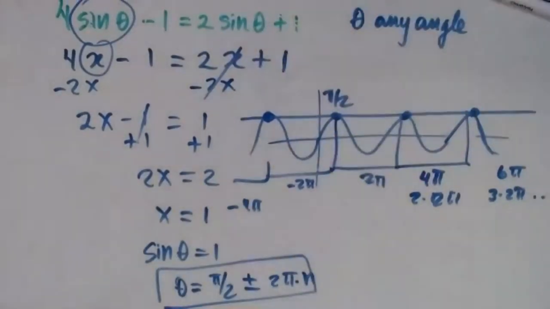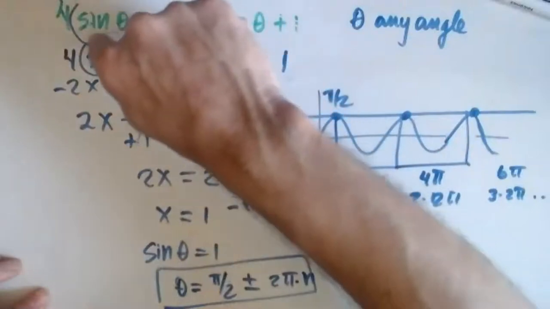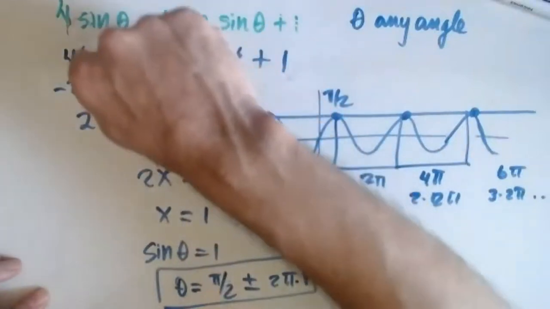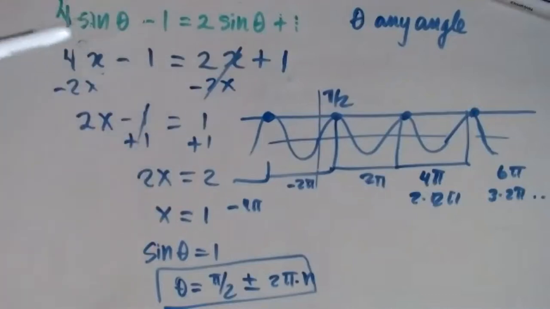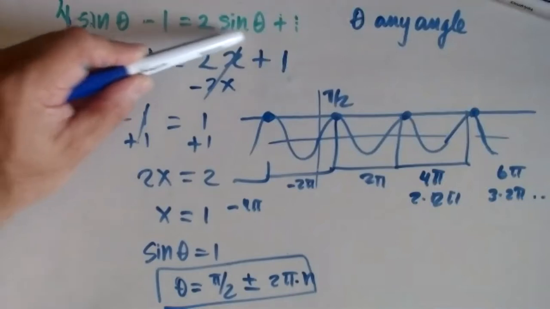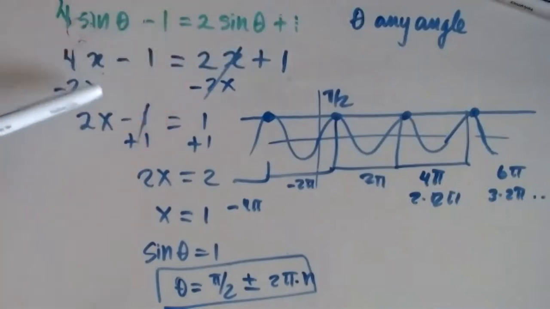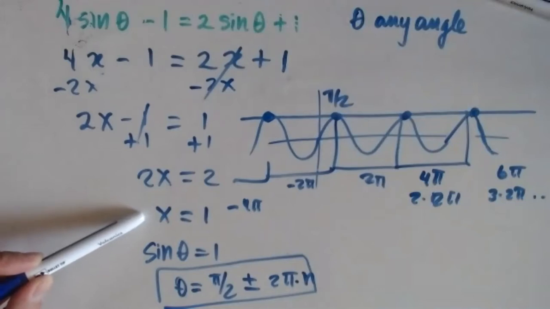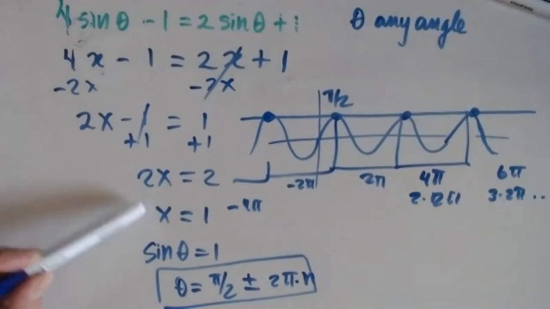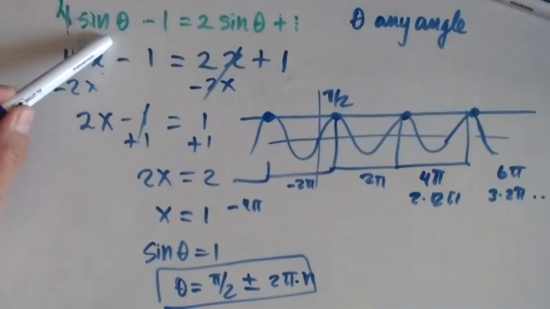So again, let me just summarize this one. You receive an equation with sines and cosines, like 4 times this minus 1 equals 2 times the same thing plus 1. It looks like a linear equation. So you visualize the sine as an x, solve the equation for x, and then you return the x as sine.